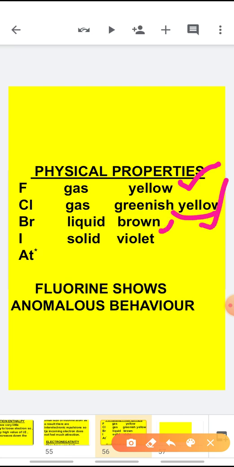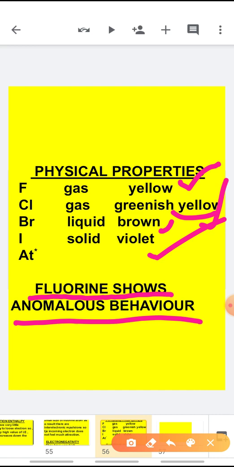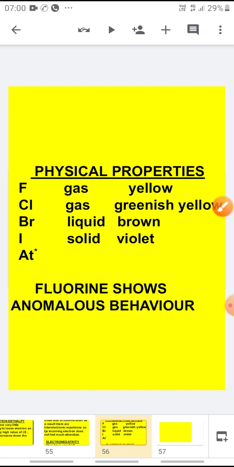Bromine, you all must have seen also in the lab, it is brown in color, and iodine is violet in color. Children, next we have to start with the anomalous behavior of fluorine, but we'll continue with this in the next presentation. For today, thank you and Sai Ram.